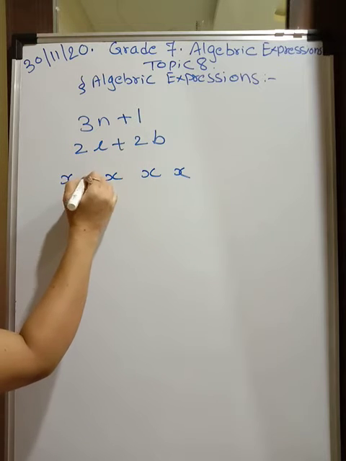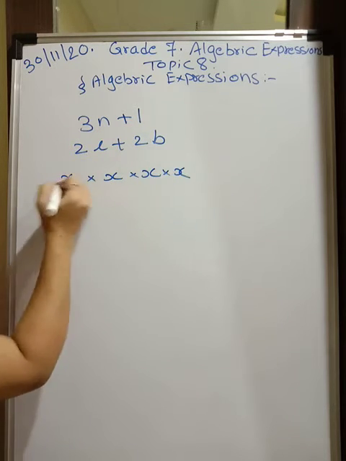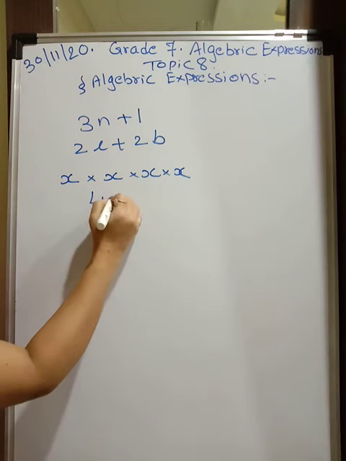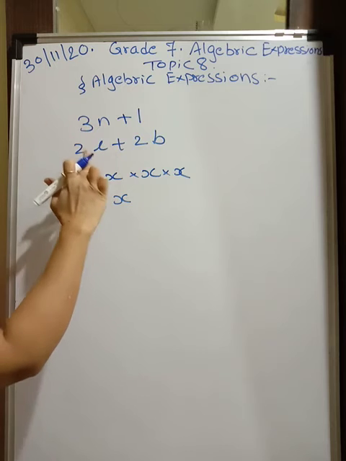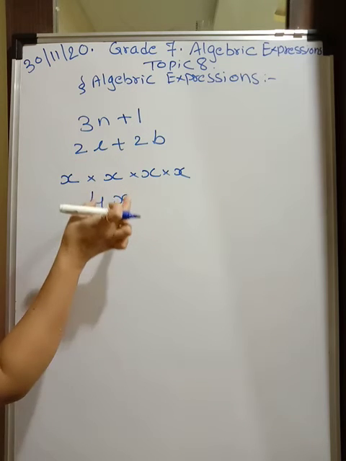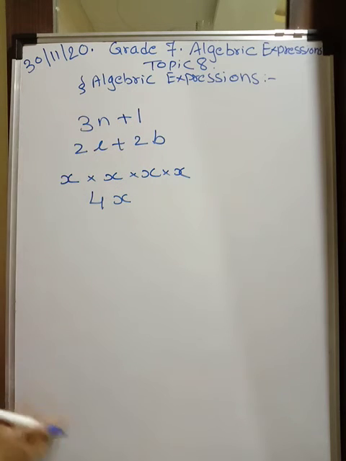Okay, times means multiplication. 4 times x is there. So it will be 4x. Yes or no? So 3n plus 1, 2l plus 2b, 4x. All of these are examples of algebraic expressions.